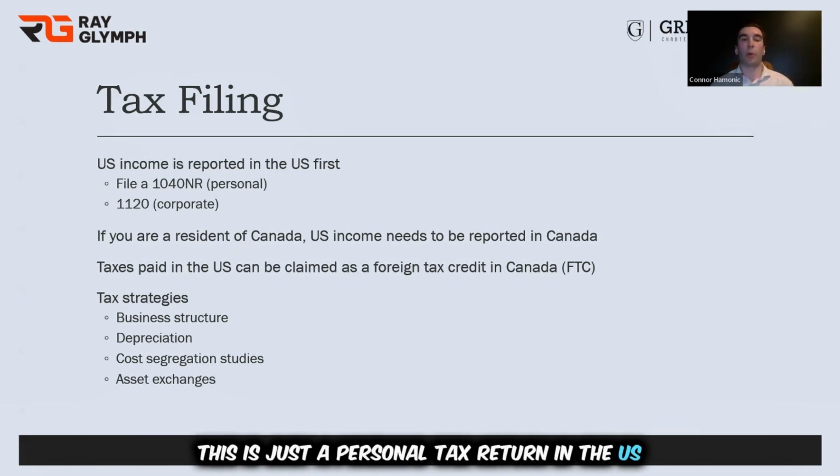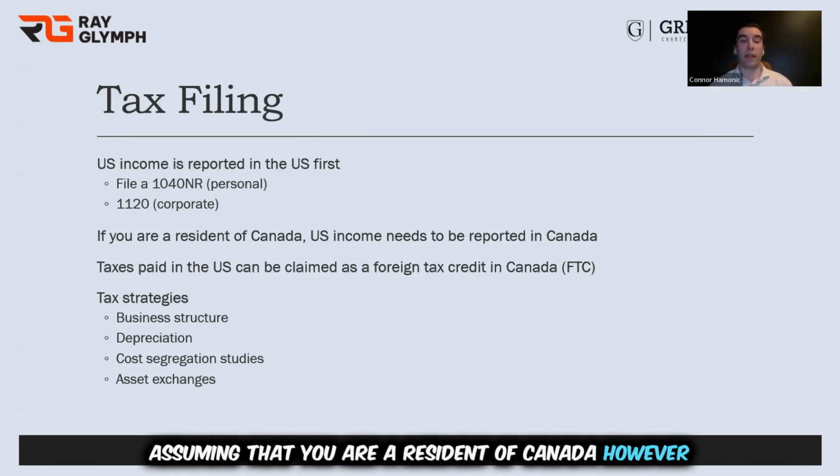This is just a personal tax return in the US. This is the name of the form. If you have a corporation, you might have to fill out an 1120. Again, for our purposes, we're not going to jump into that too much now. We'll just focus on the personal side, the 1040. You'd report that income in the US and you'd pay tax in the US on that.